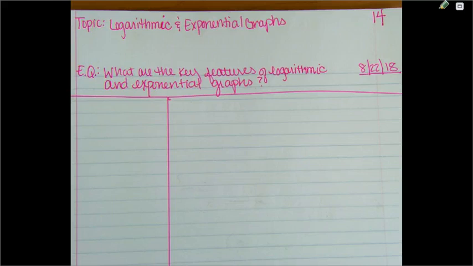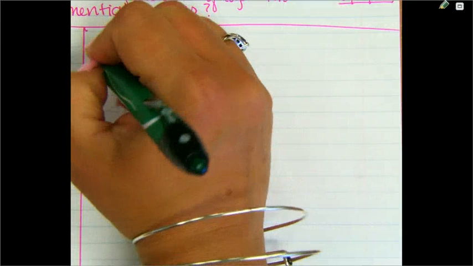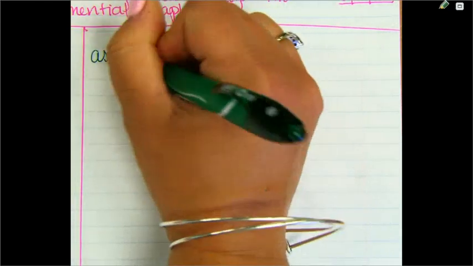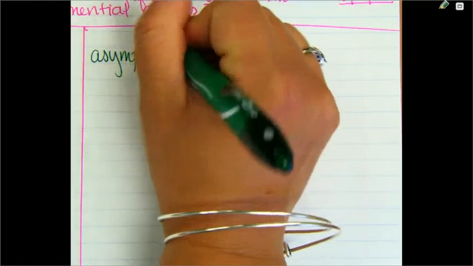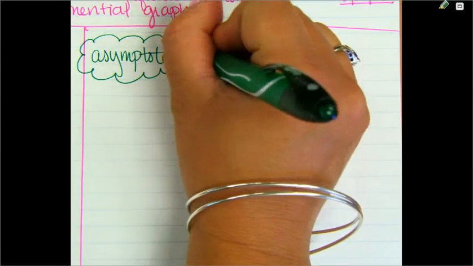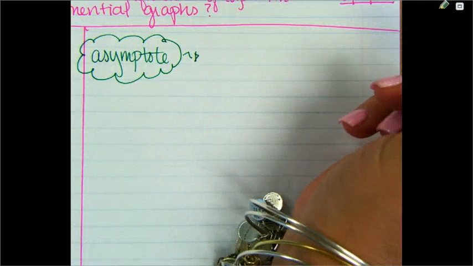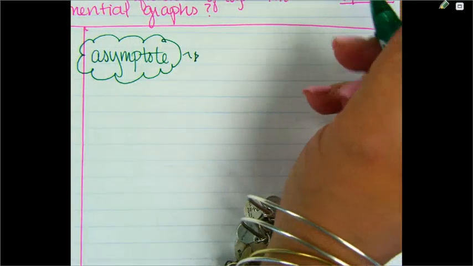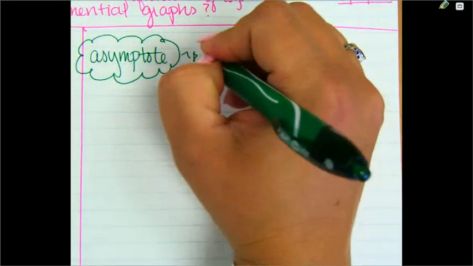You gotta speed it up. Zooming in. All right, let's talk about an asymptote. You've heard this word before, yes? Is it a dotted line or a dashed line, whatever you want to call it?